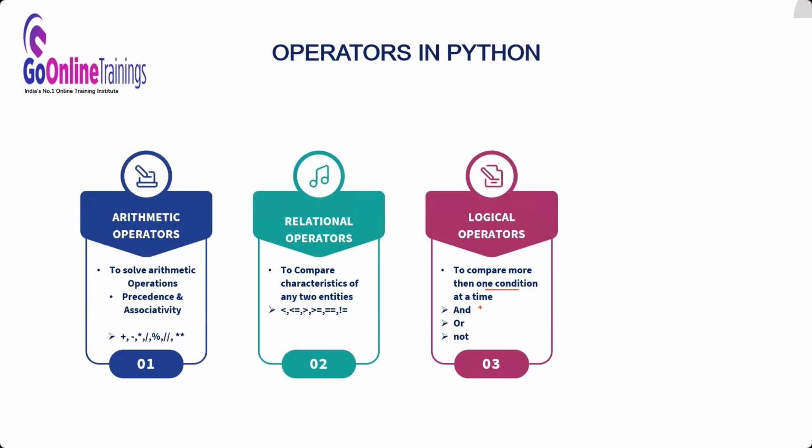In C++ and Java, the logical AND operator looks like this, but in Python it is the word AND. In C++, the OR operator looks like this, with pipeline symbols, and then the NOT operator.